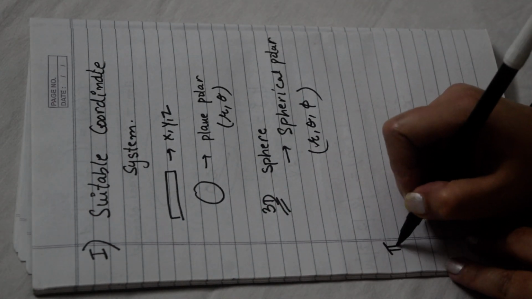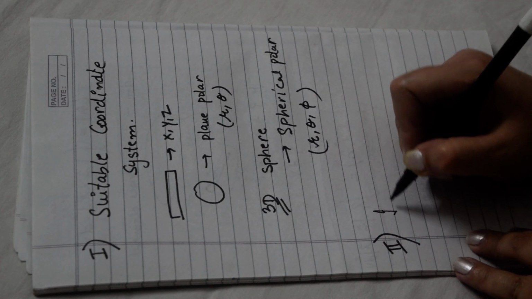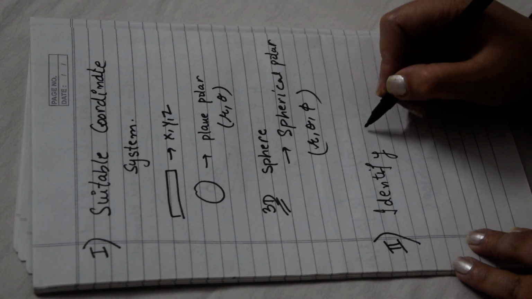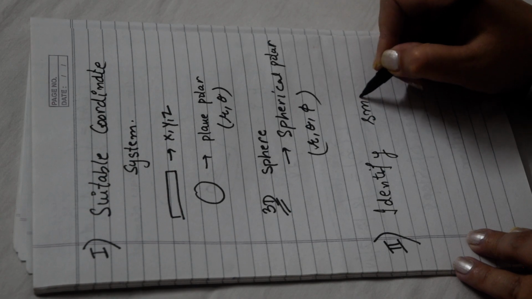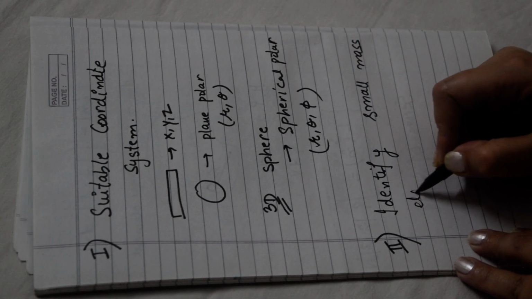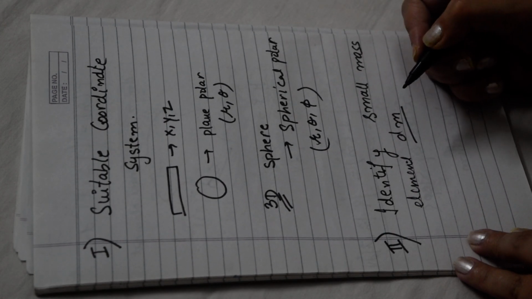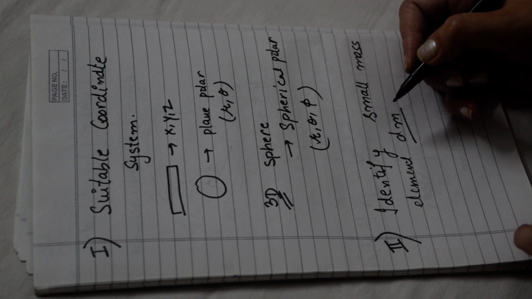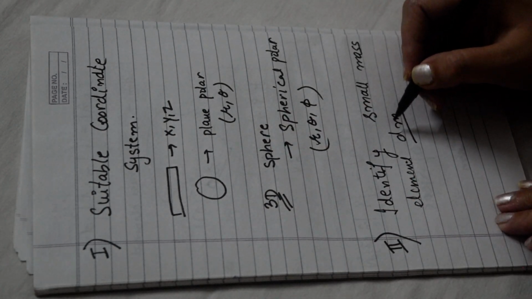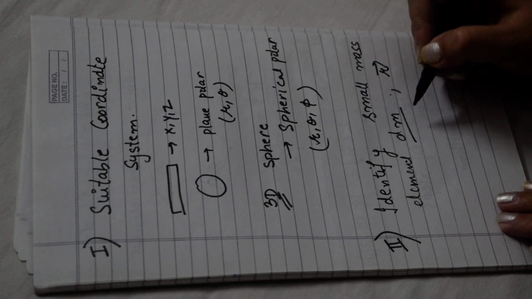Number two step is that we have to identify the small mass element dm. It is necessary because I can find the moment of inertia of the whole body only if dm is known to me with its position vector r.